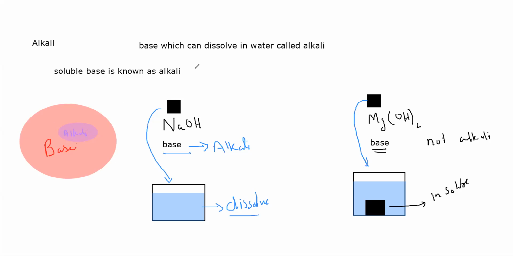So soluble bases, the bases which can dissolve in water, are known as alkali. If bases are insoluble in water, we simply call them bases, but we don't call them alkali. So all alkalis are bases, but all bases are not alkalis. Is the difference between the base and the alkali clear?